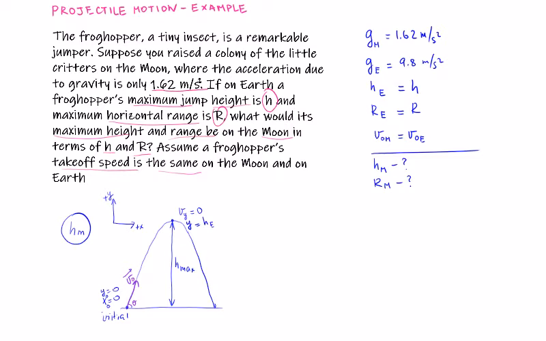Now, it seems like to find the h, we need to find the delta y. So let's write for the Earth, delta y on Earth equals y final minus y initial, which is h on Earth minus 0, and that equals h on Earth, which equals h.